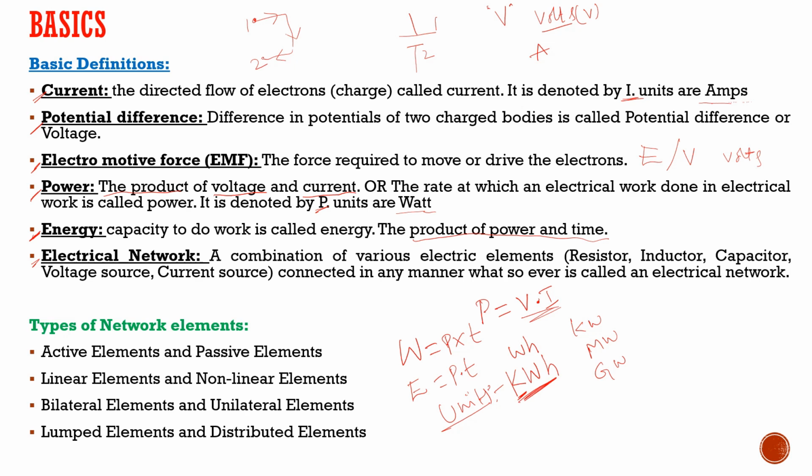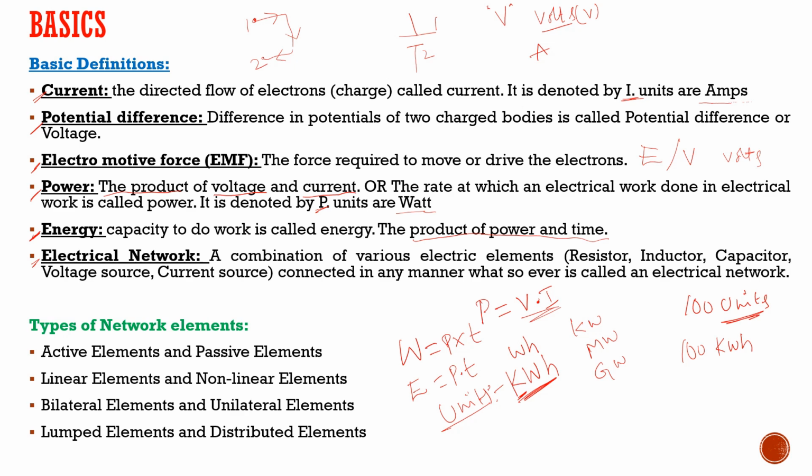Generally we use this kilowatt hour. Why this term kilowatt hour? In our household, each and every consumer will have one meter, simply called as energy meter in their house. Every month we pay electricity bill based on that energy meter, right? In that energy meter, you can find the readings. Suppose let us say 100 units. What does unit mean? This month my electricity energy bill is 100 units. 100 units means 100 kilowatt hours.